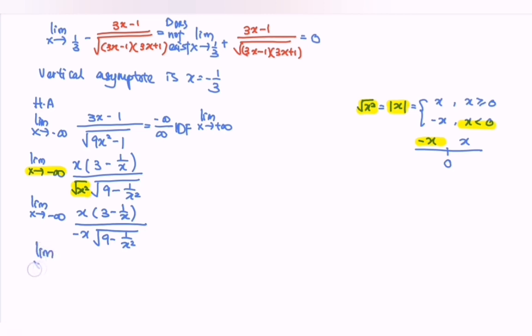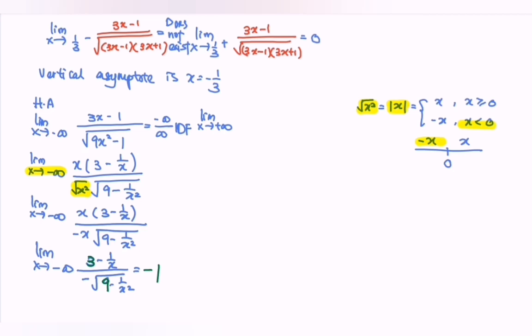So we have 3 minus 1 over x over negative square root of 9 minus 1 over x squared. So kindly substitute the situation. Then we have 3, and here negative square root of 9, so we will have negative 1. As x approaching negative infinity, the value of y is approaching negative 1.